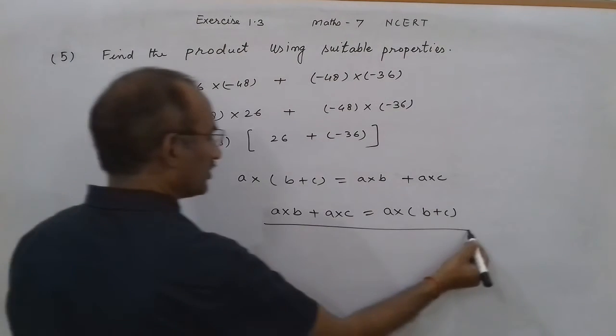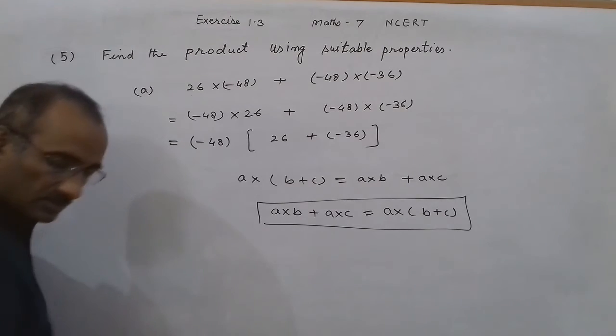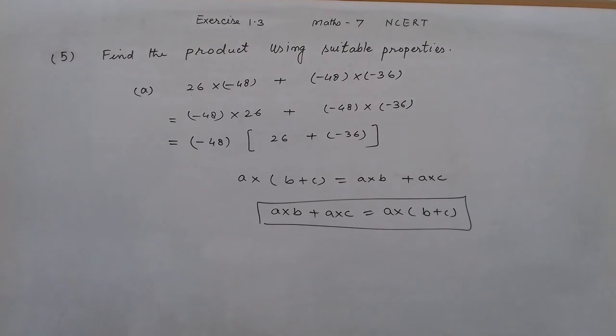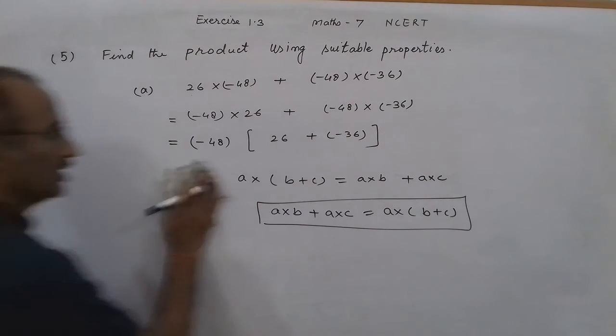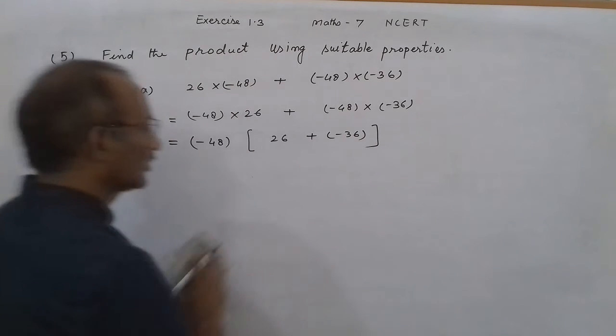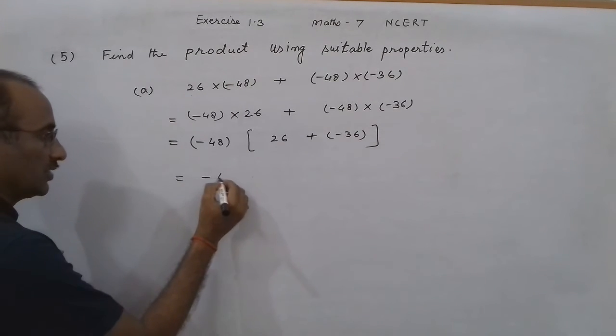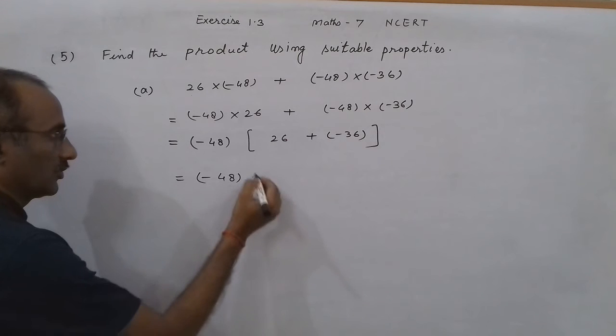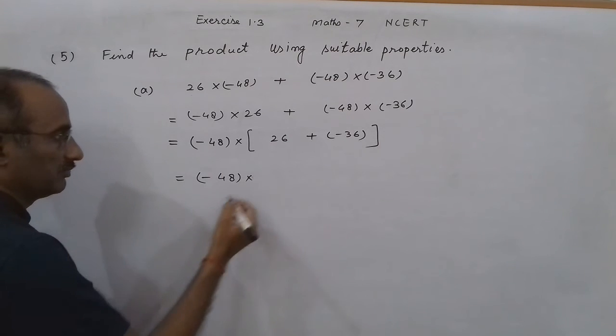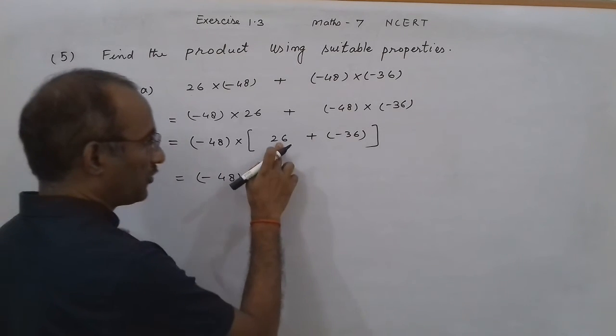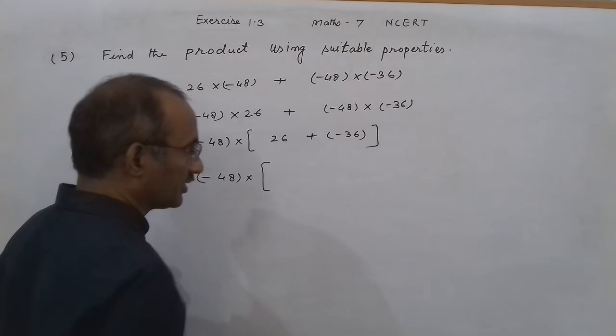So we use this property here. Now minus 48 multiplied with the sum of 26 and minus 36.